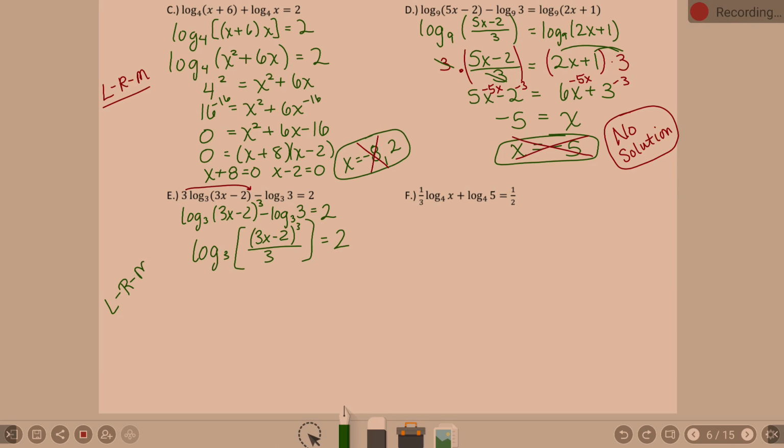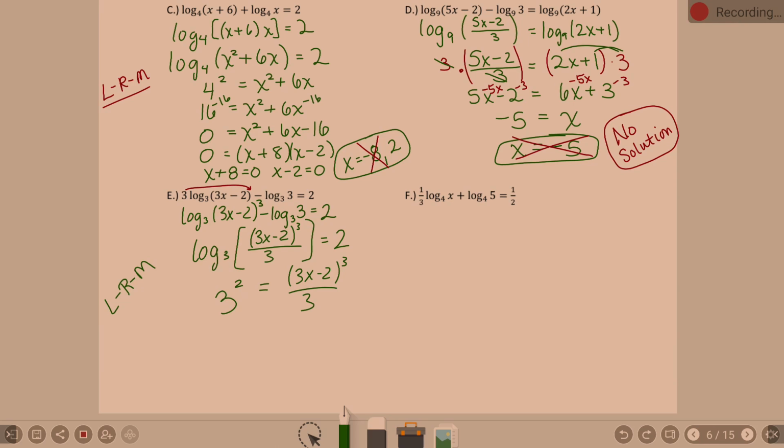So left, right, middle. 3 raised to the second is equal to 3x minus 2 cubed all over 3. You can do 3 squared, which is 9, and then multiply both sides by 3.